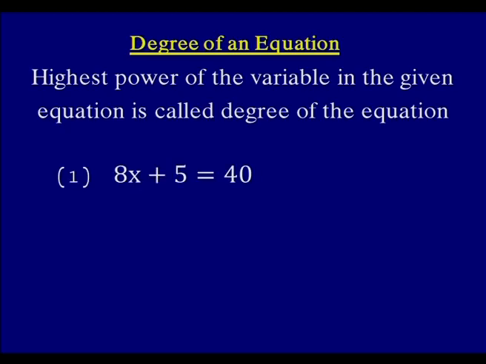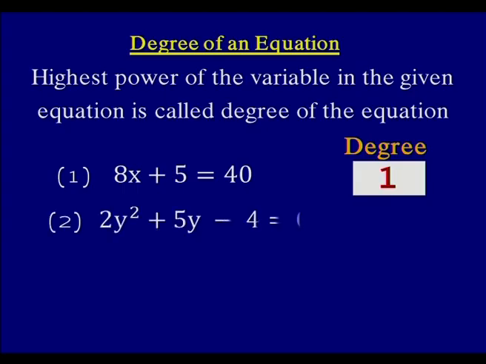For example, 8x plus 5 is equal to 40. Now, we will find the degree of this one. Tell me what is the exponent of variable x? 1. Very good. So, here 1 is the highest power of the variable, that is why it is a first degree equation.